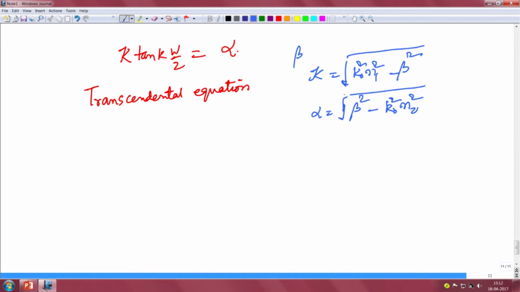So, it is not easy to solve this equation directly, but by programming either MATLAB or any numerical software we can obtain the values of beta.